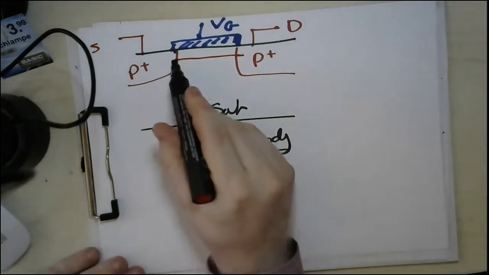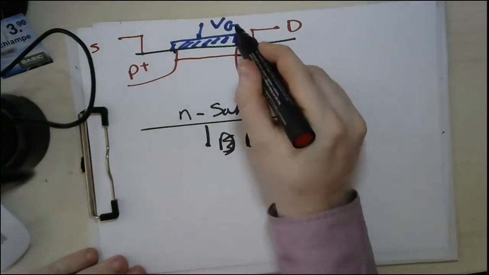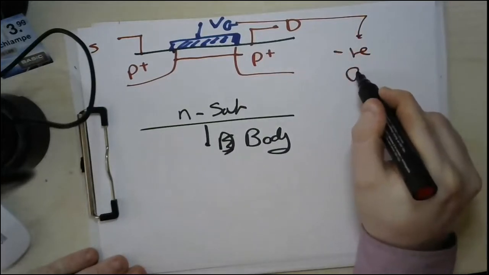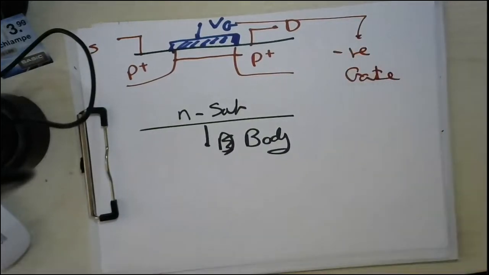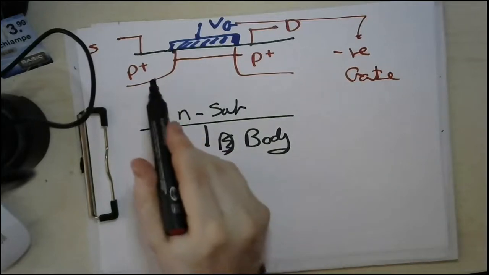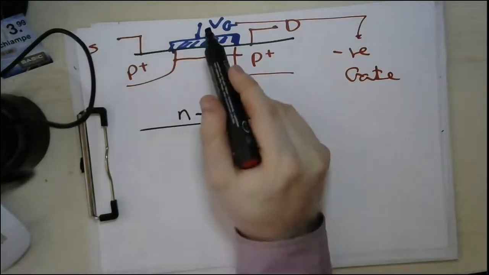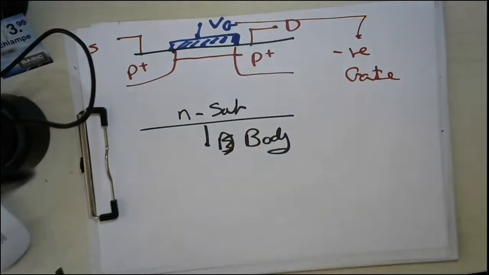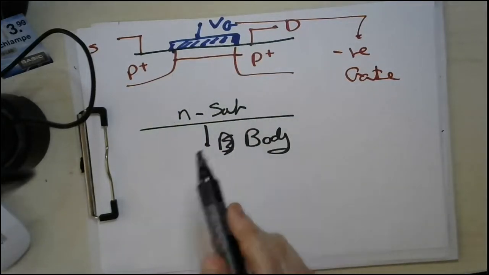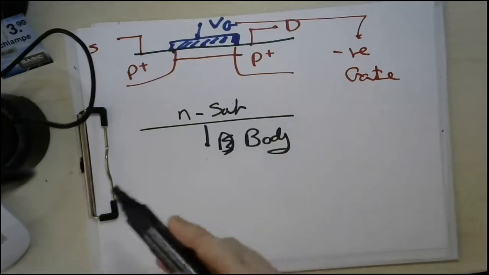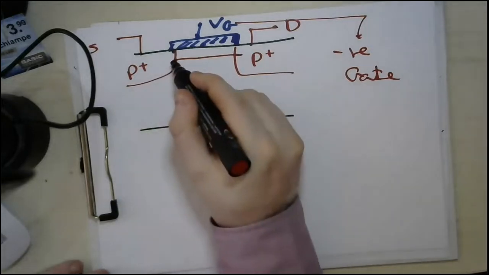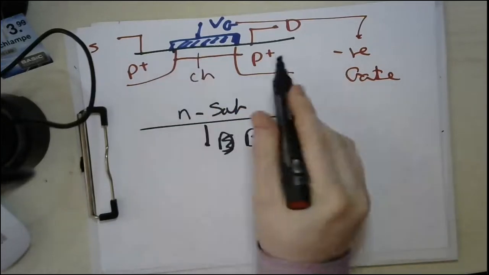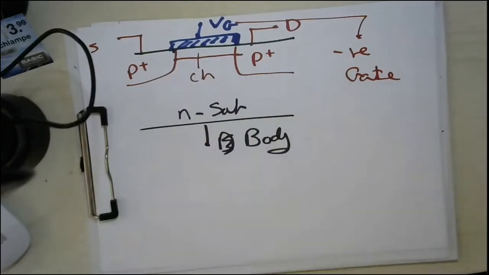In order to do that, you need to add a negative voltage on the gate, because this negative voltage on the gate will first repel electrons, which are the majority in the substrate, and then attract holes and create this channel that bridges between the source and the drain.